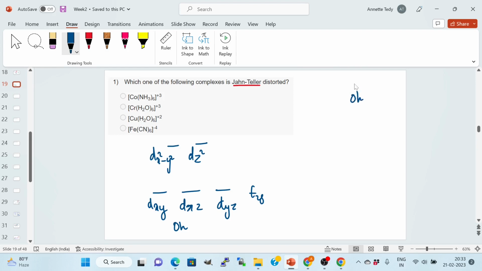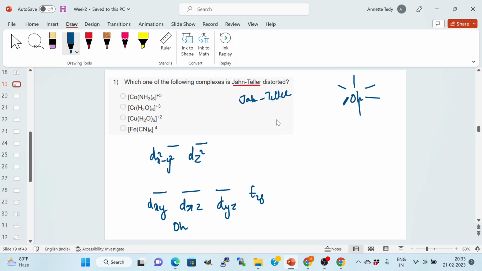Octahedral is a very symmetric configuration, but the scientist called Jahn-Teller told that it is not possible to have a highly symmetric structure and degeneracy together unless it is a linear molecule.